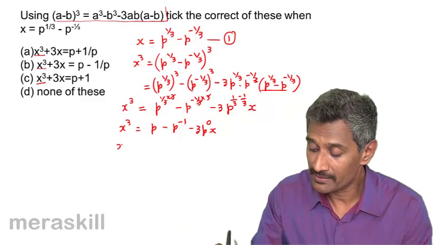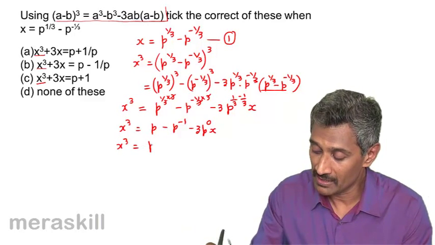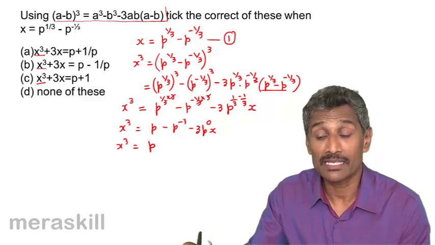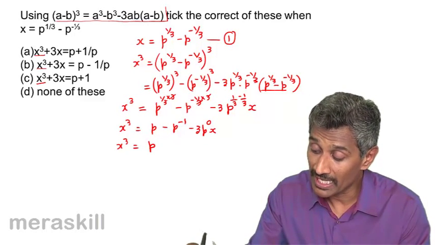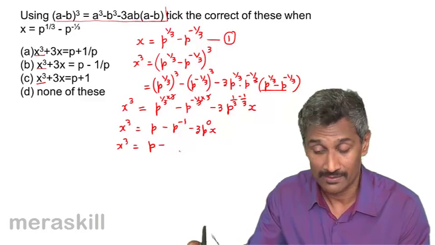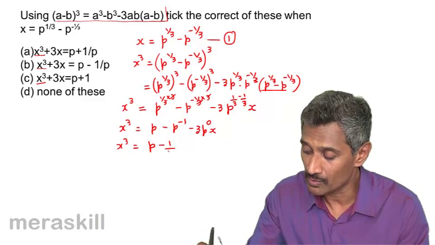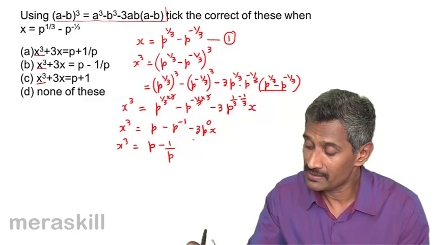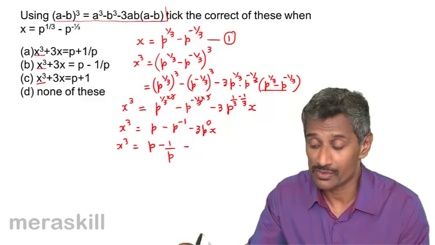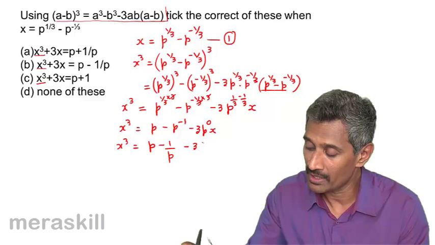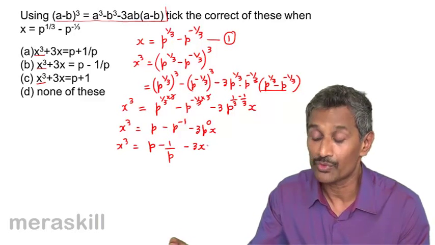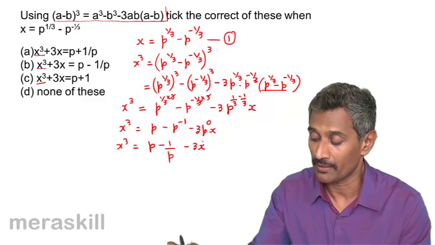Now this is going to be x cube is equal to p minus p raised to minus 1. Using the rule for a raised to minus 1, we write this as 1 by p, minus 3 p raised to 0, which is 1. So 3 into 1 into x, we have 3x, because p raised to 0 is 1.